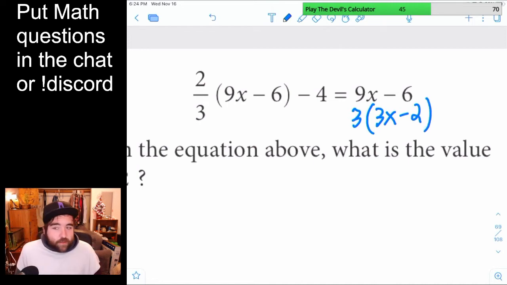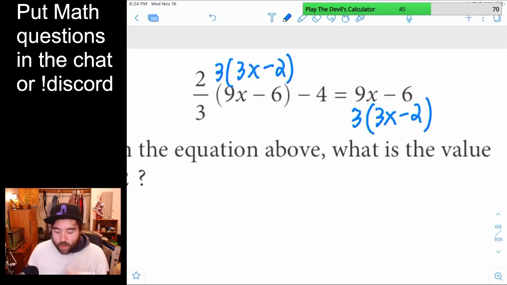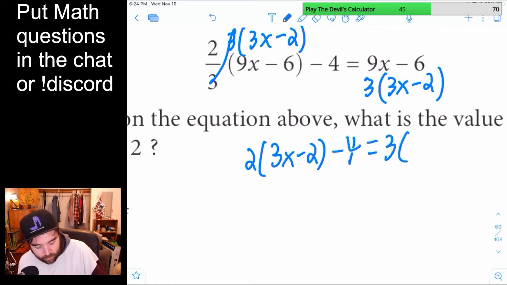And there's our 3x minus 2 right there. And look how when we do the same thing over here, we factor out the 3 to get the 3x minus 2. Now those 3s are just going to cancel. So what we have is 2(3x minus 2) minus 4 equals 3(3x minus 2).